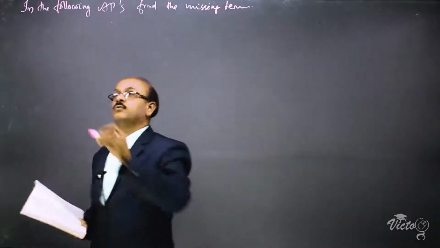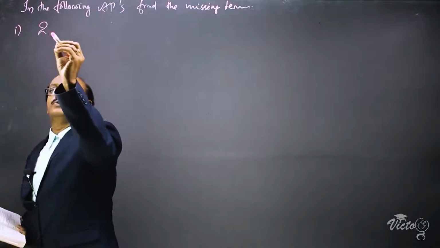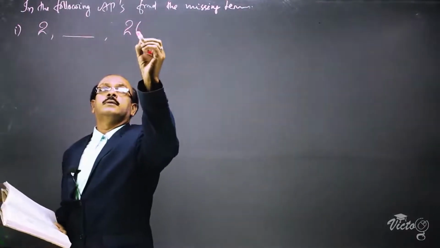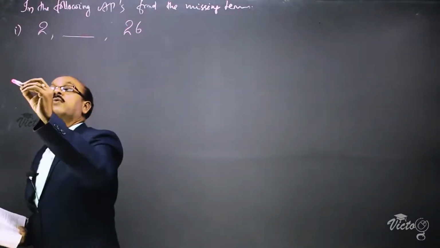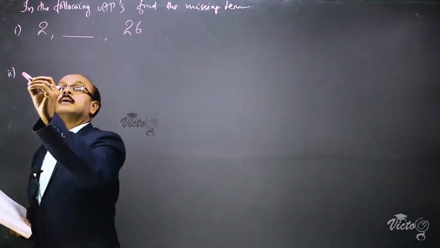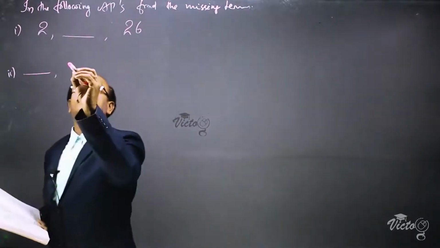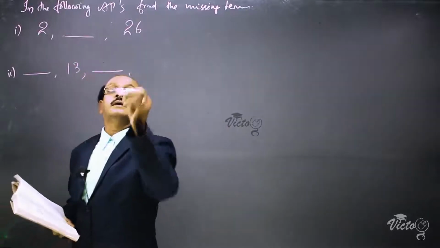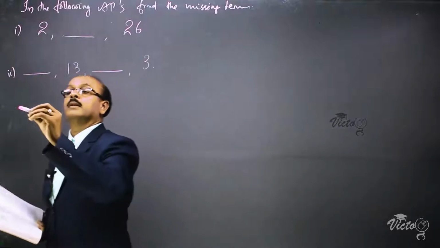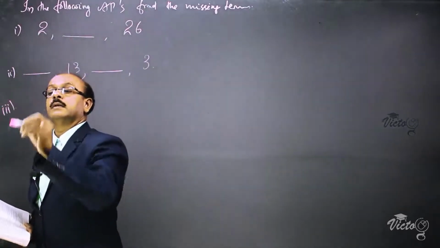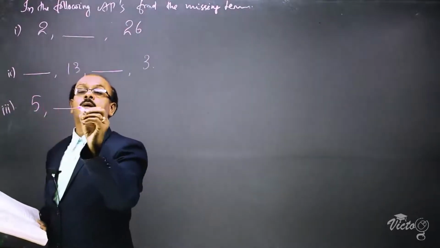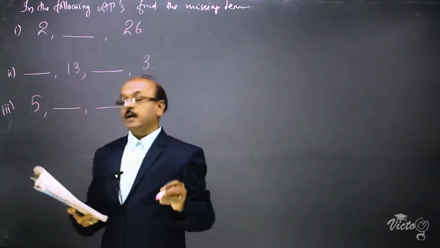First question: 2, dash, 26. Second: dash, 13, dash, 3. Third: 5, dash, dash, 9.5.